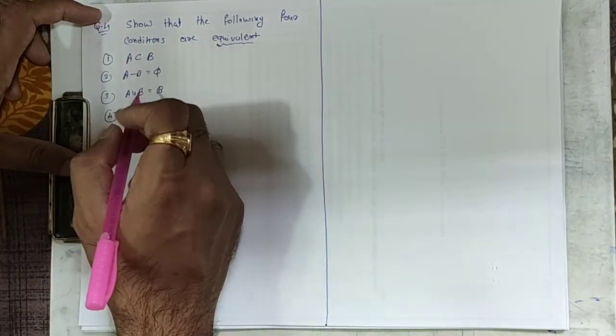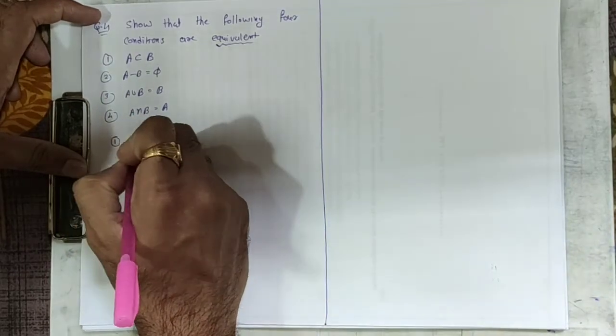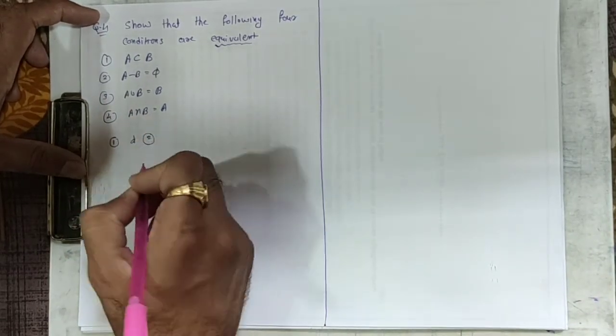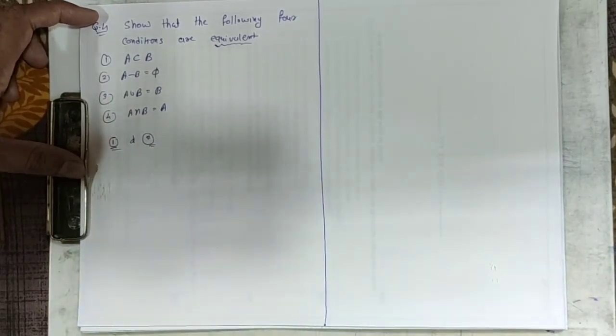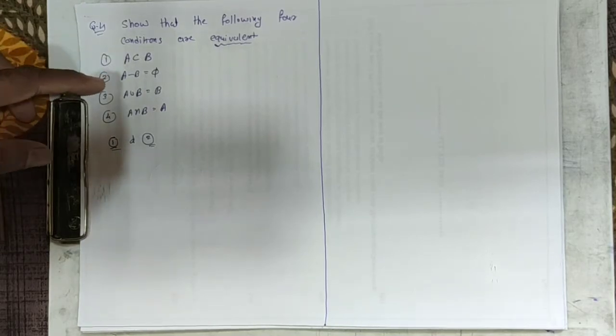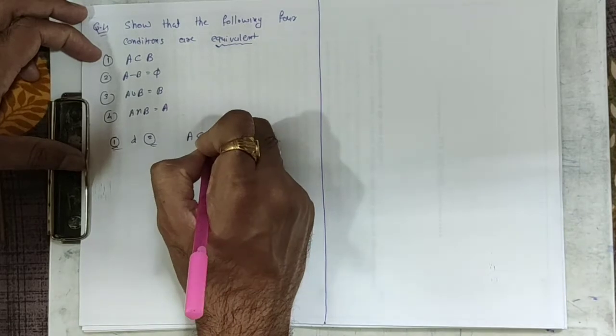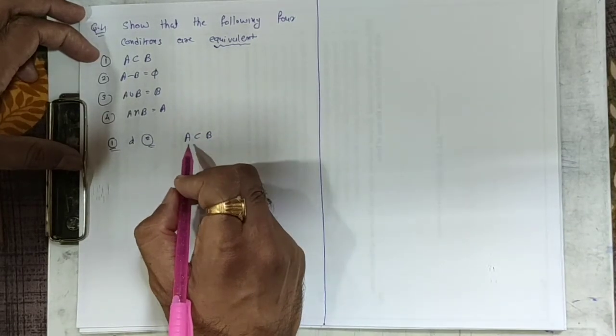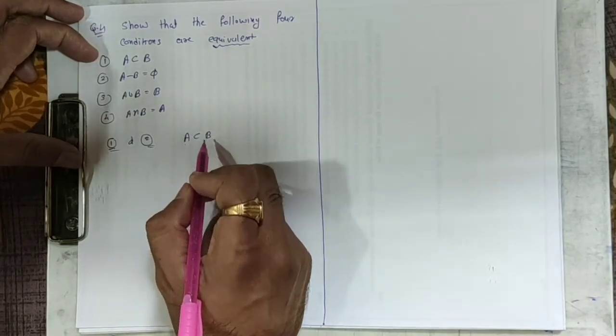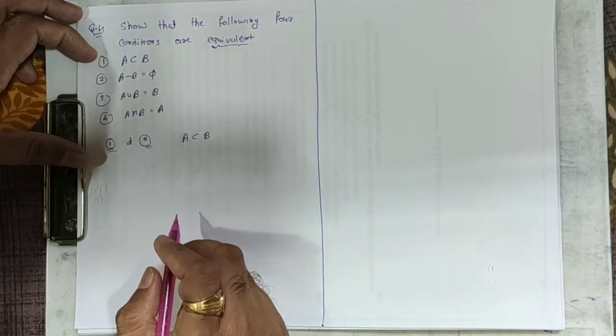So first we will compare condition 1 and condition 2. Condition 1 is given as A is a subset of B. A subset of B means all the elements of A are the elements of B. Done?